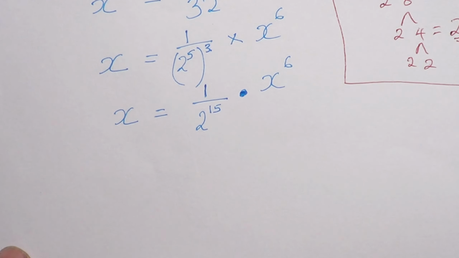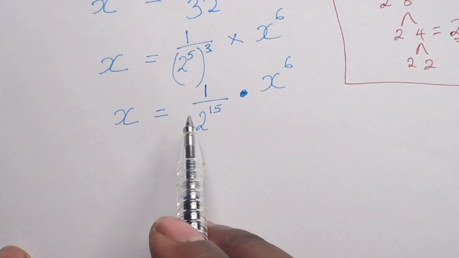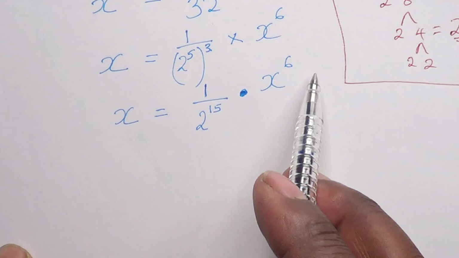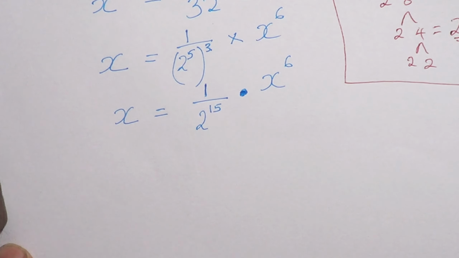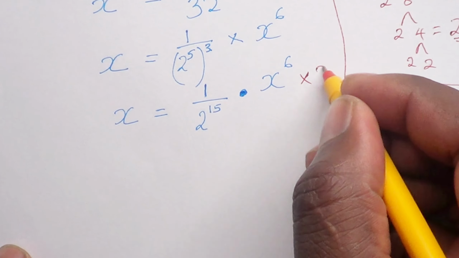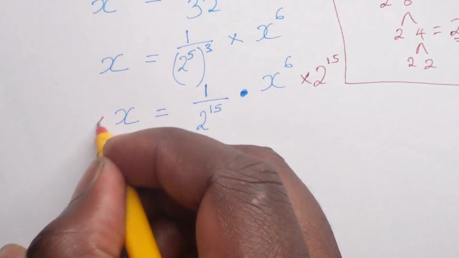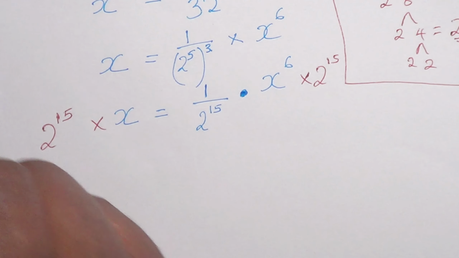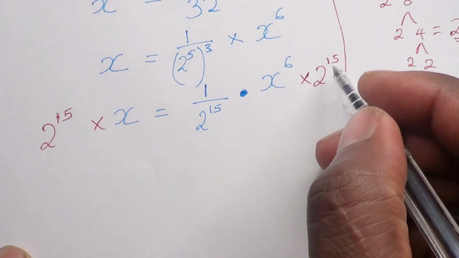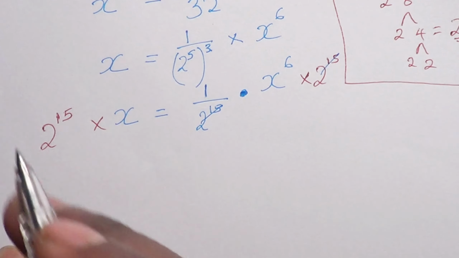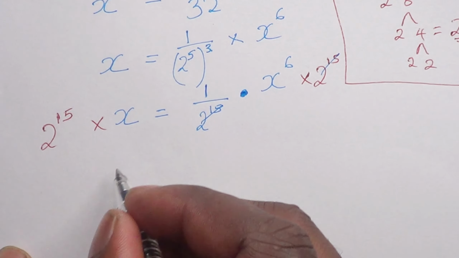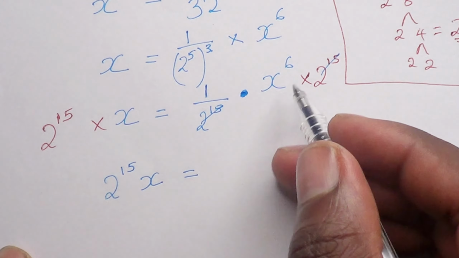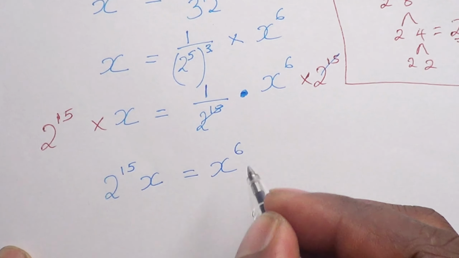So at this point I need to remove this one from here. I multiply it on the right hand side and also on the left hand side, multiply by 2 to the power 15, multiply by 2 to the power 15, so that this one will cancel this one, and then we are going to remain with 2 to the power 15 x equals x to the power 6.